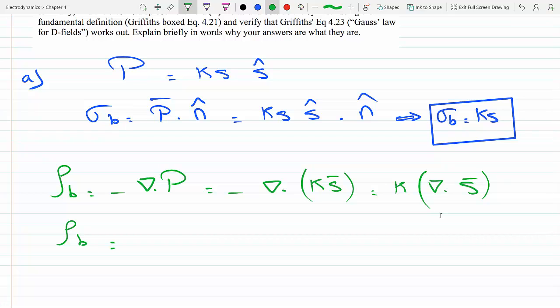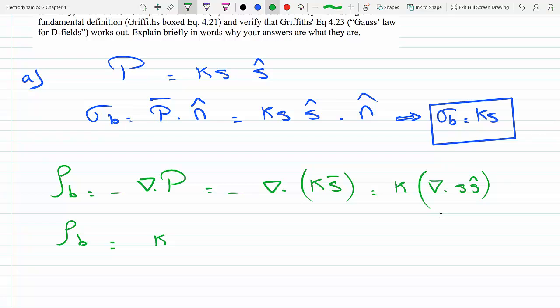You could look it up. It has three components: one in the S, one in the phi, one in the z. However, the phi and the z components are zero because we don't have any. Here we only have the same thing as S magnitude S hat.